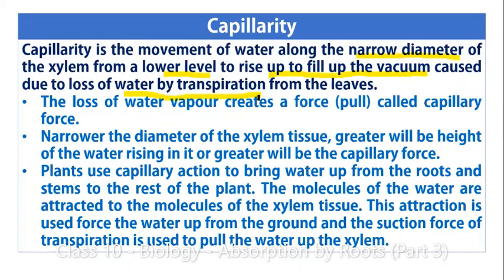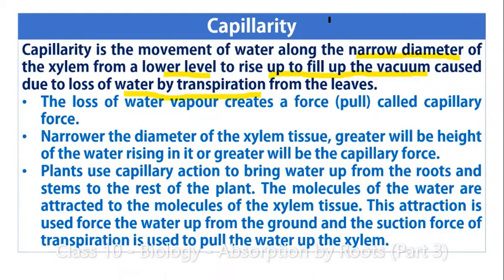So this narrow diameter of the xylem vessels helps in the rising of the water molecules from the lower level to the higher level. This movement of water from a lower level to a higher level through a very narrow diameter of the xylem vessels is known as capillarity.